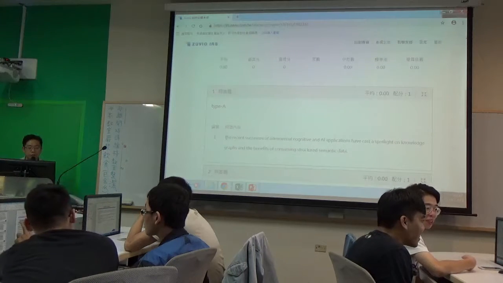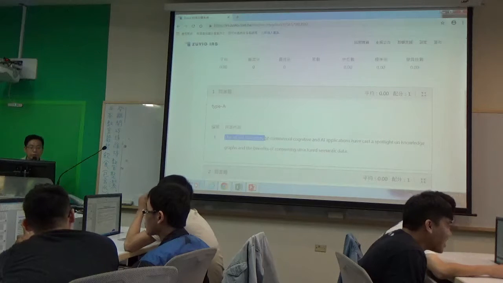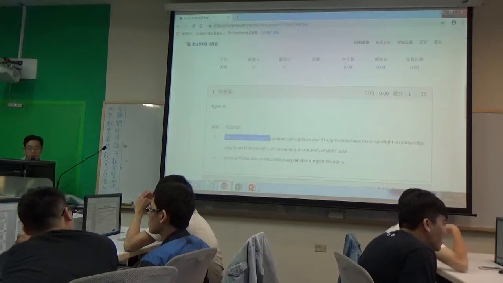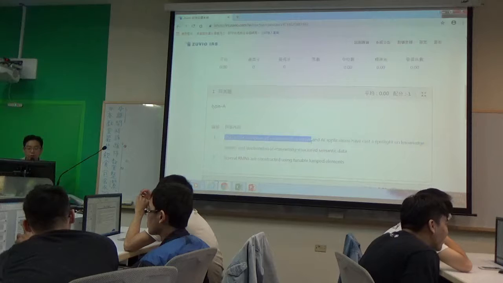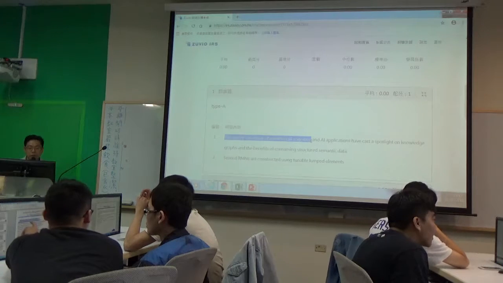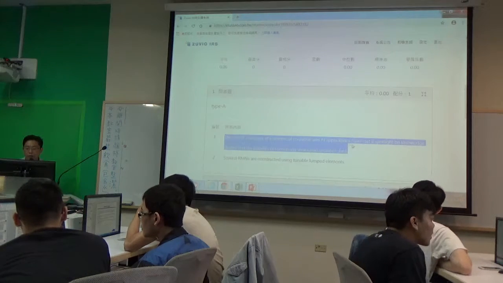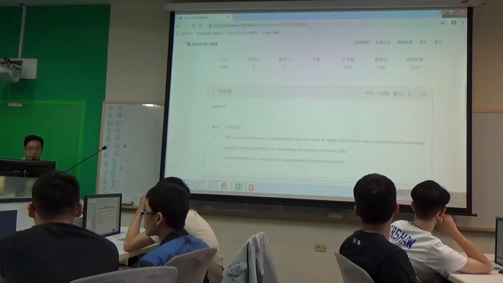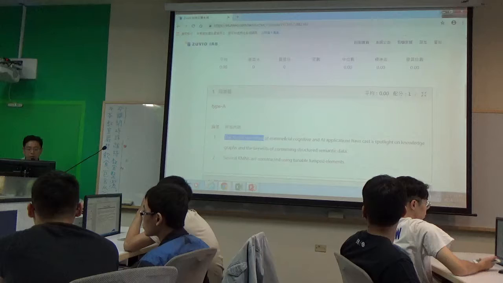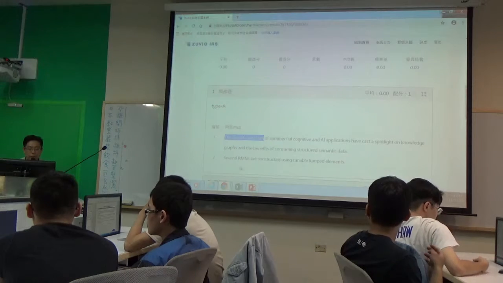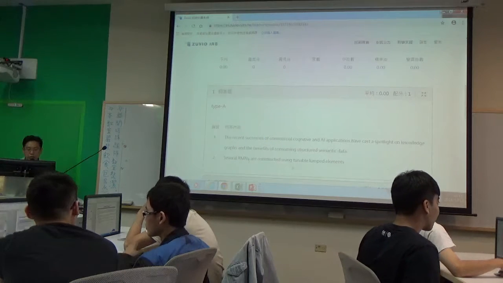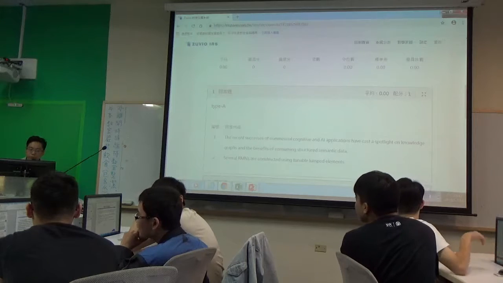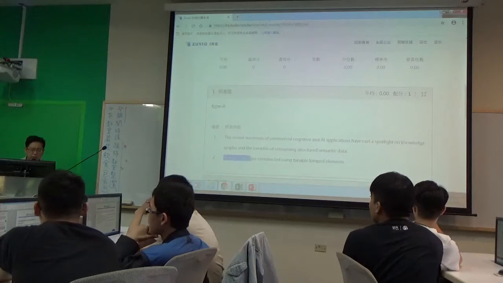So the keyword for this sentence, the recent success of commercial cognitive and AI application test knowledge. I think the keyword is the recent success of something. And for this one, what is using? Several are constructed.